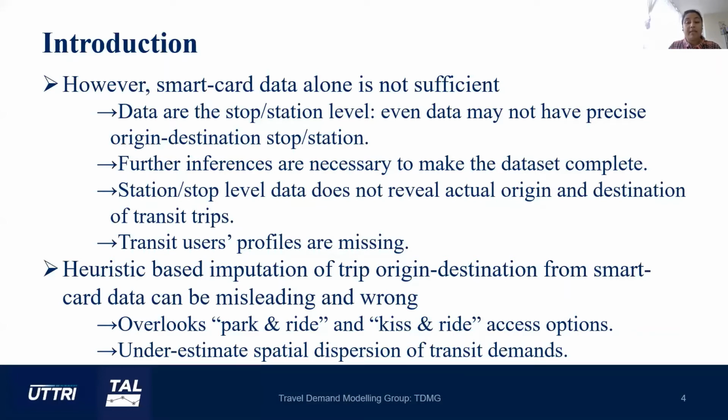But in many cases, this kind of rule-based imputation of OD can be misleading and wrong, especially if there is a significant portion of park and ride and kiss and ride trips, which is quite common within the GTA. So we might actually underestimate the spatial dispersion of the transit demand, which is definitely problematic.